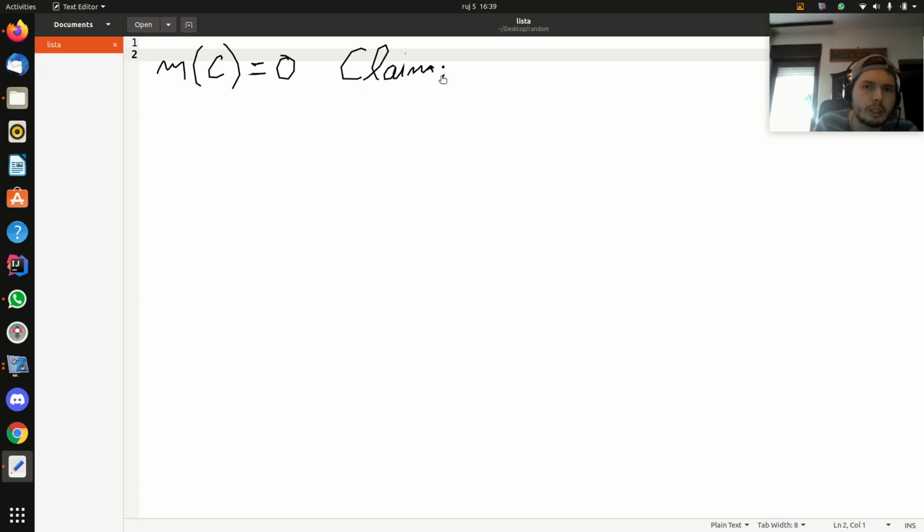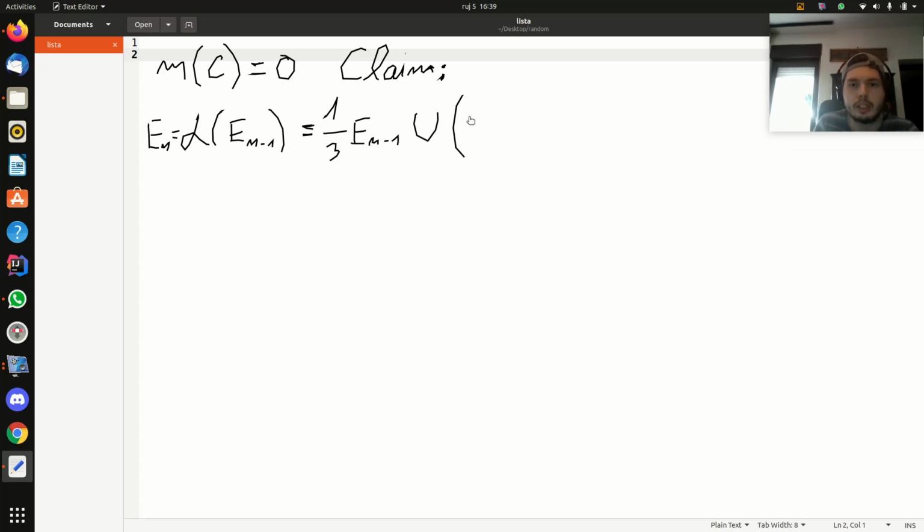Now we're just gonna have a look at what alpha does to the measure of a set, E n minus one. Okay, so this is going to be En, and this is going to be 1/3 of E n minus one union 1/3 of E n minus one plus 2/3.